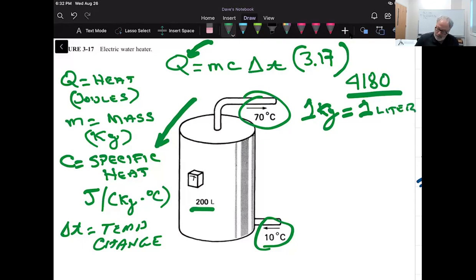So we've got all the information that we need to plug into our problem here. I've got 200 liters. Each liter weighs a kilogram.